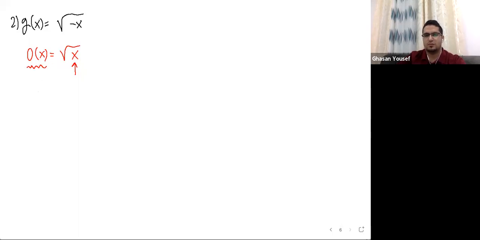What we should do? Negative x minus 1. If I multiply from outside, like Sandra said, multiply by minus 1 from outside will not work because I will get minus f of x equal minus square root of x, right? And this is not the same as this. The minus is inside. What I should do?